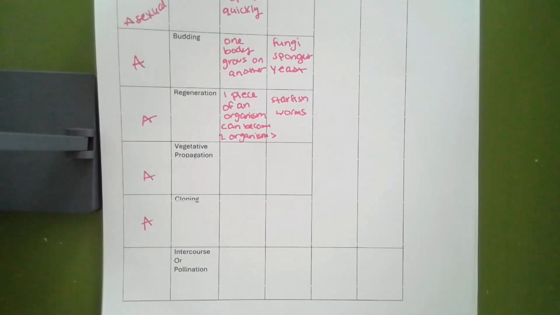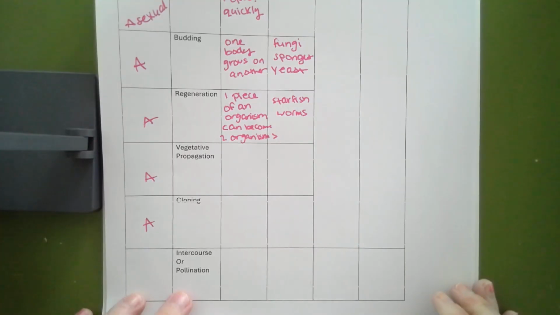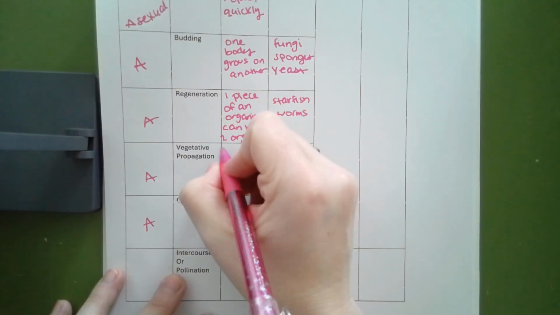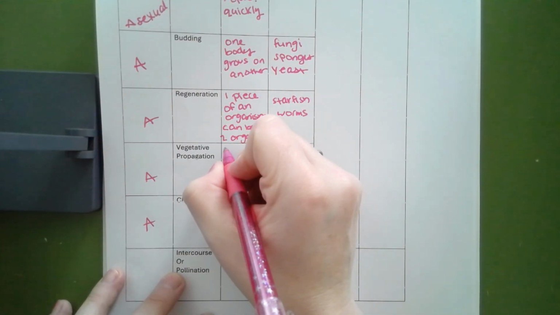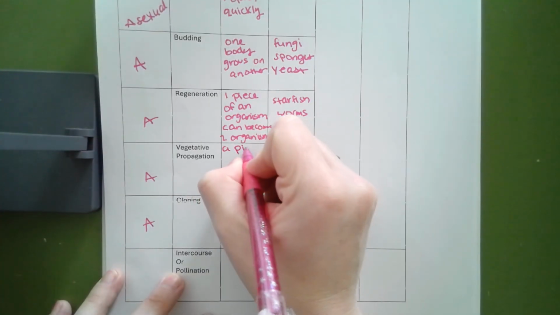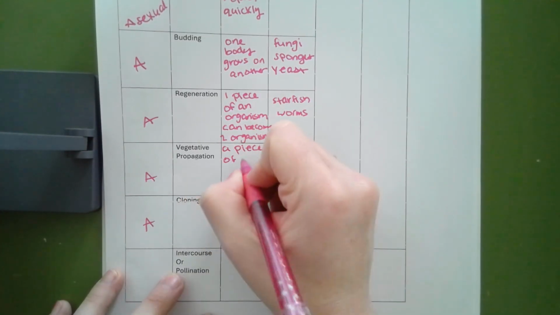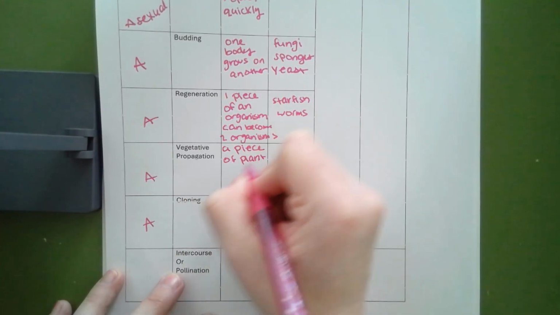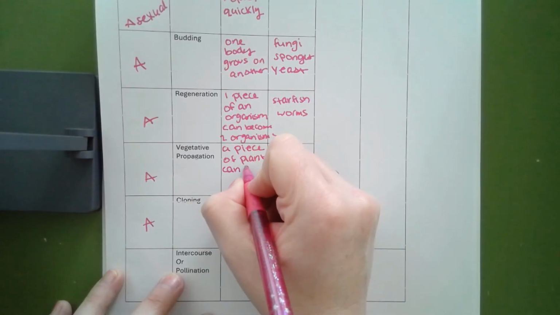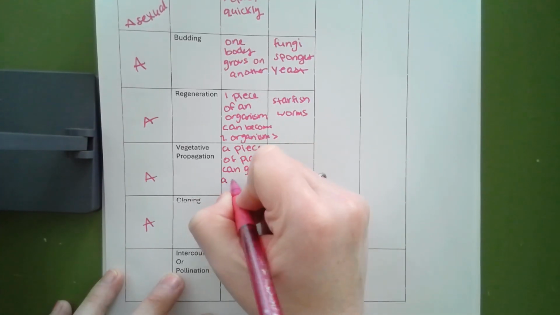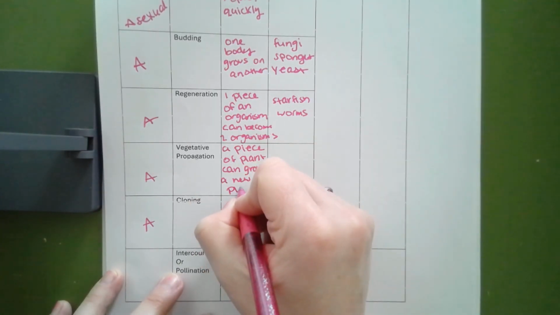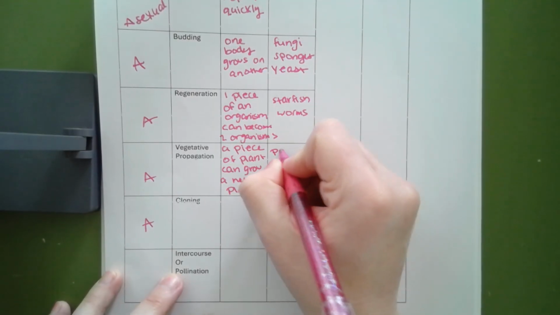All right, vegetative propagation. What's a description? Roots that are able to grow new plants. It's a piece of a plant, right? Potato. Who does it? Potatoes.